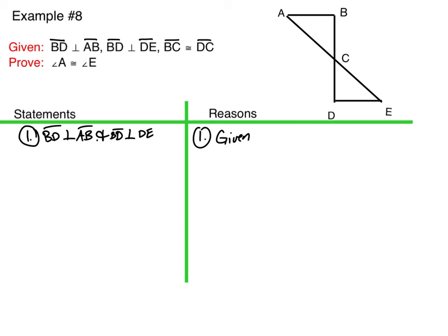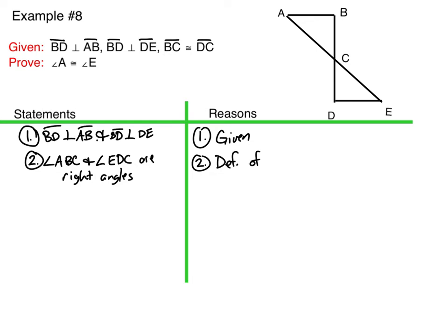And if they are perpendicular, leading right into step 2, well then I can say angle ABC and angle EDC are right angles. And that reason, right from number 1, is the definition of perpendicular.